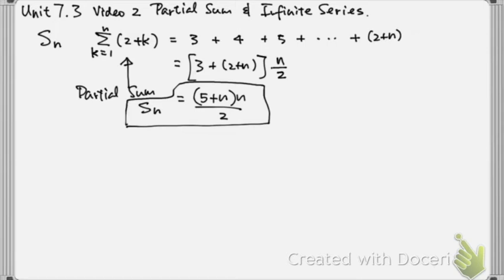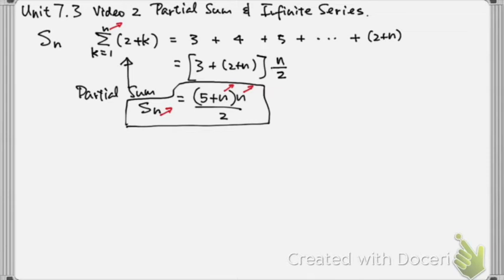Now let's think about what happens when n keeps increasing. I'm going to use my red marker here. What if n just keeps going up and up? Well, that means S sub n is also going to go up and up. That means these values are also going to keep increasing, right?